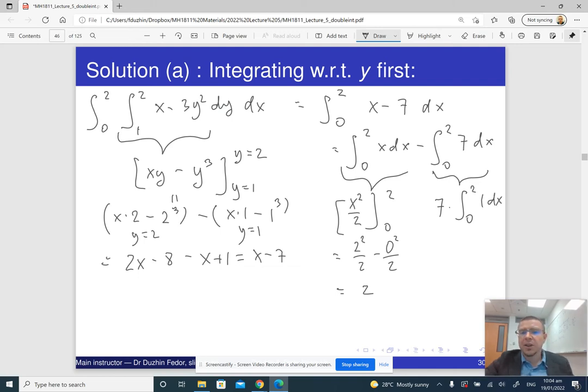And the integral of 1 is just this number minus this number. So this is really 7 times 2. So you don't have to get into the business of finding antiderivatives, because the integral of a constant is just that constant times the upper limit of integration minus the lower limit of integration. So this is just 14. Right? So the final answer is 2 minus 14, which is minus 12.